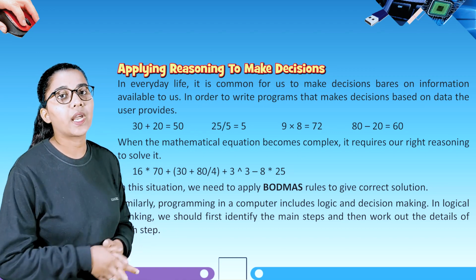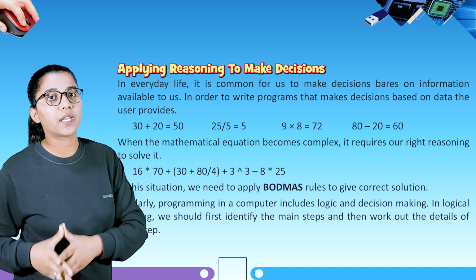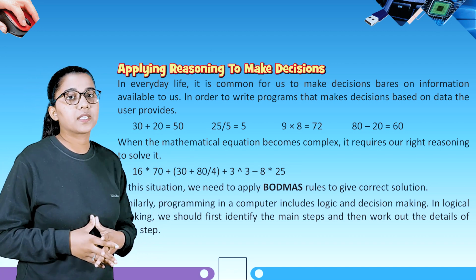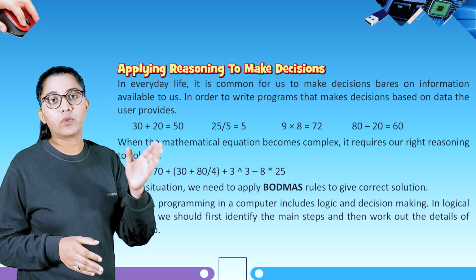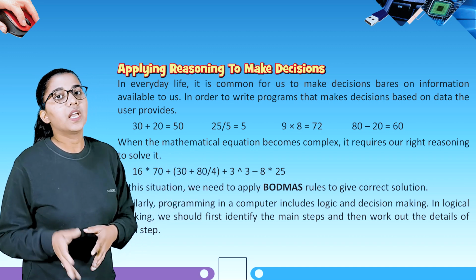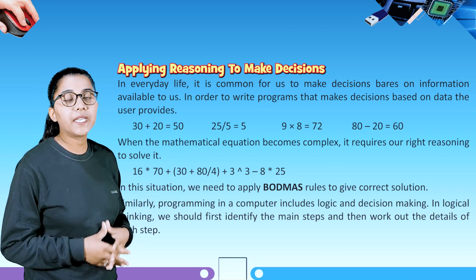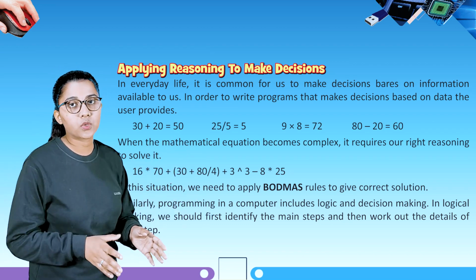In order to write a program that makes decisions based on data, the user provides: 30 plus 20 is equal to 50, 25 halved is equal to 5, 9 into 8 is equal to 72, and 80 minus 20 is equal to 60.